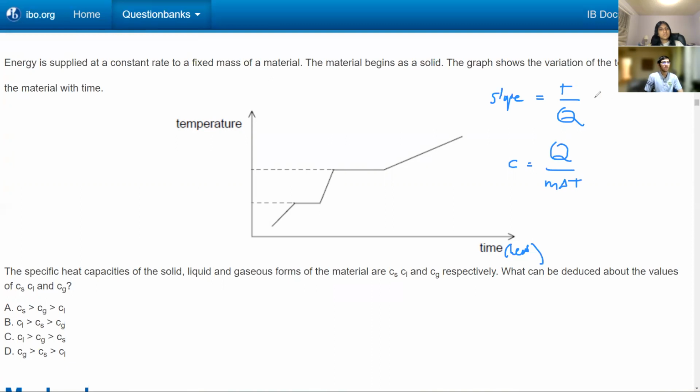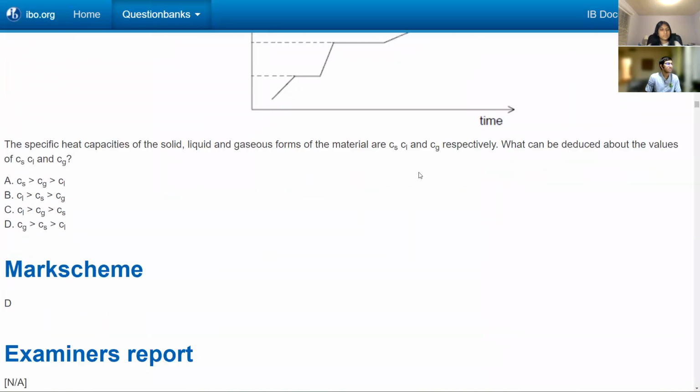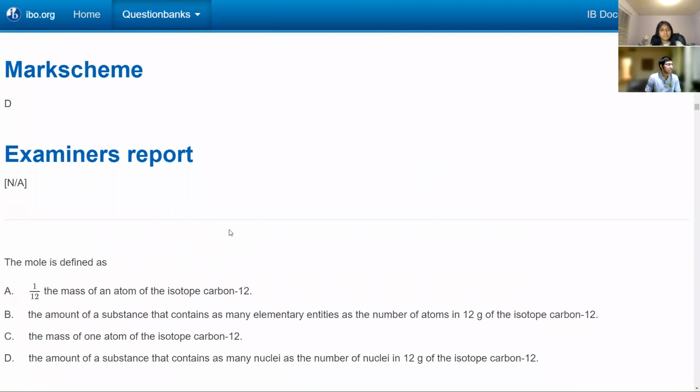So this is proportional to 1 over C. That means higher slope would mean less specific heat capacity. So liquid should have the lowest, yeah. So it should be A or D, and then gas should have the highest, right? That's solid. Oh wait, no, never mind. Sorry, I'm wrong. It's a gas. I read it wrong. So D then. I think it's D. Yeah. Okay. Yep. D.